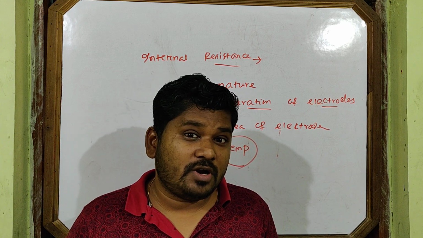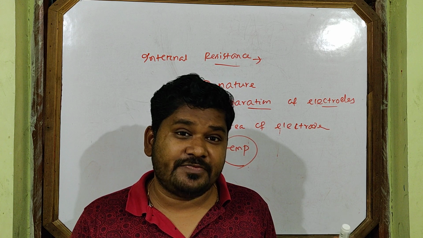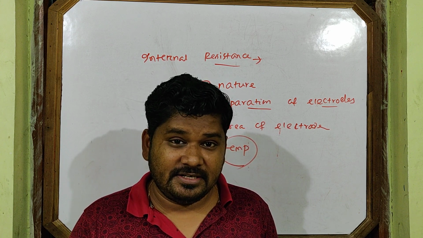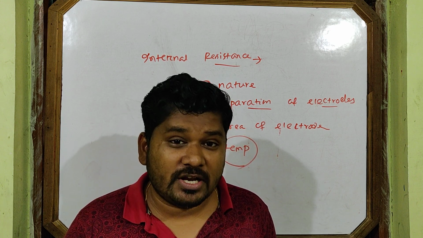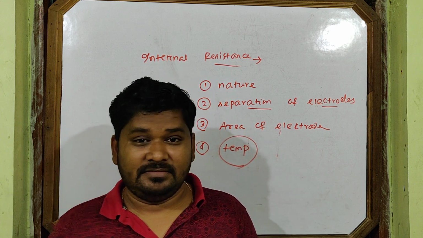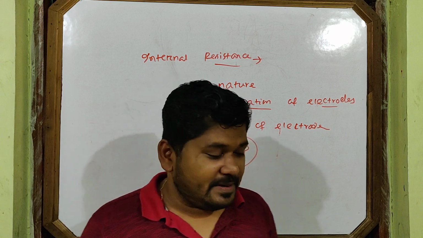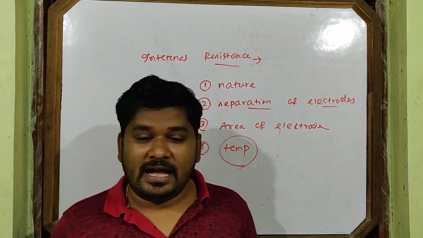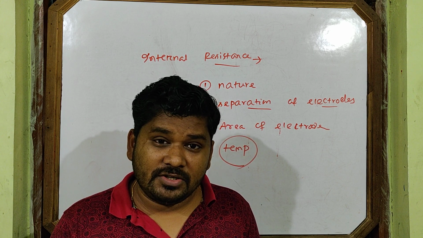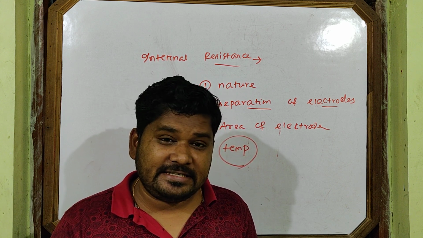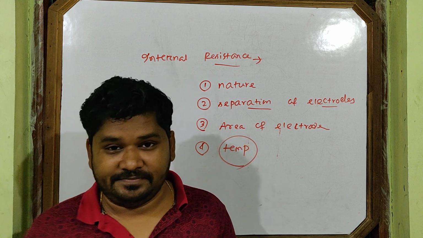When they move with more kinetic energy, the number of collisions per second increases. So internal resistance increases. Again I am repeating: temperature increases, ions move with more kinetic energy, so resistance increases because collisions increase.